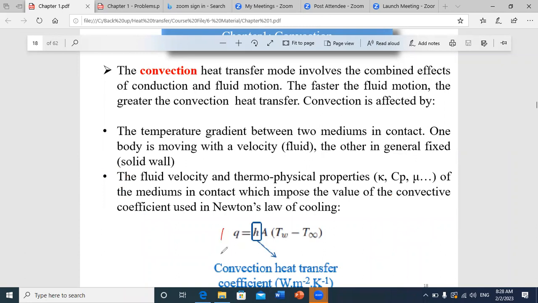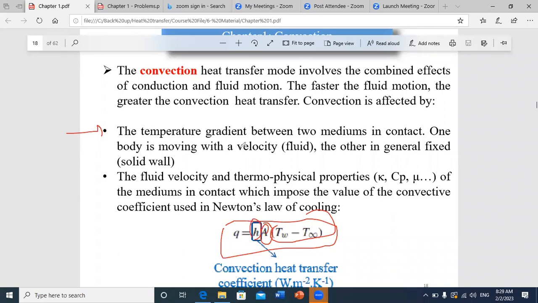Therefore, you can assess in a simple way the convective flux by saying that it's equal to a certain convective coefficient that is affected by the velocity of the fluid and the type of the fluid that is used to cool or to heat the surface, in addition to the main parameters that we already discussed, which are the area and delta T. So we can say that convection is mainly affected first by the temperature gradient between the two media in contact. We considered the case here of one body that is moving with a certain velocity.